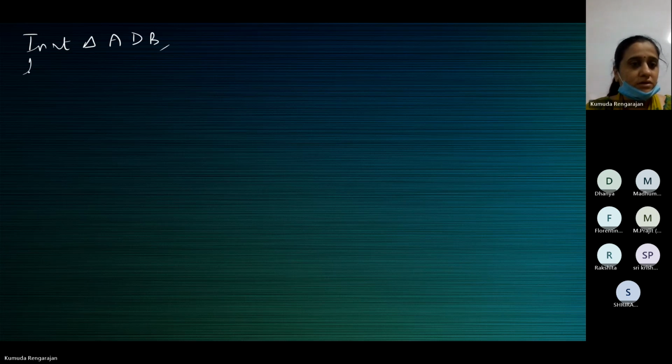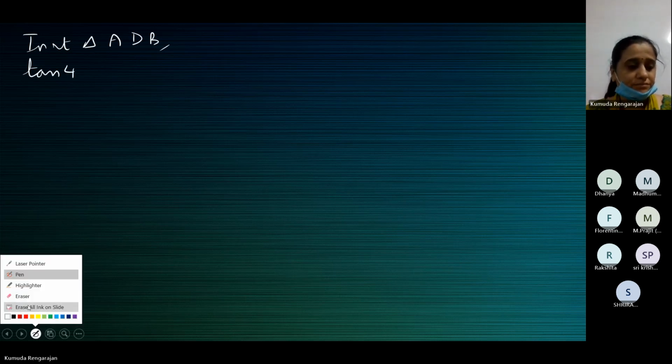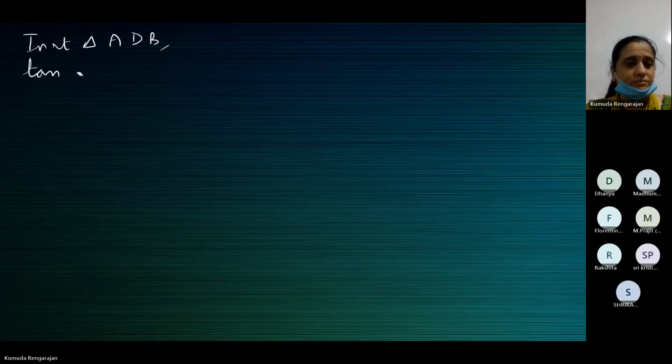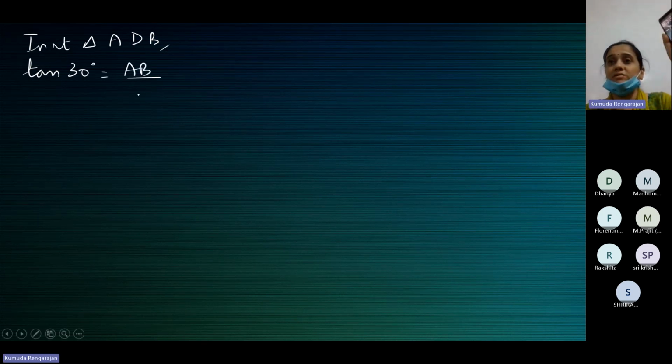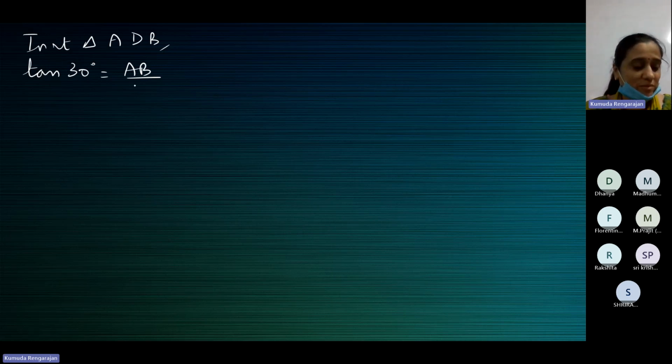Okay, so in right triangle ADB. I'm not copying the answer from the mobile, I'm just looking at the figure from a mobile.